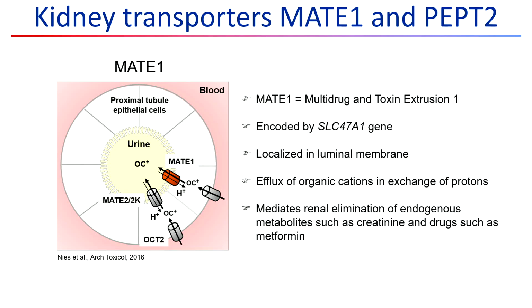So organic cations are effluxed into the urine, and protons are taken up. And it mediates the renal elimination of endogenous metabolites we just heard, such as creatinine or NMN, and also an important drug, metformin.